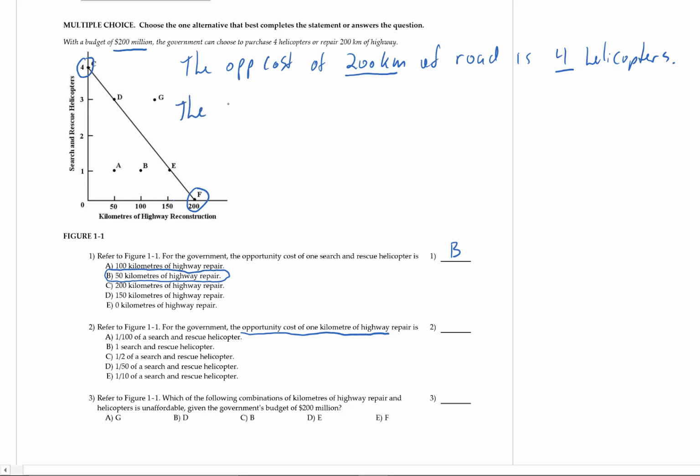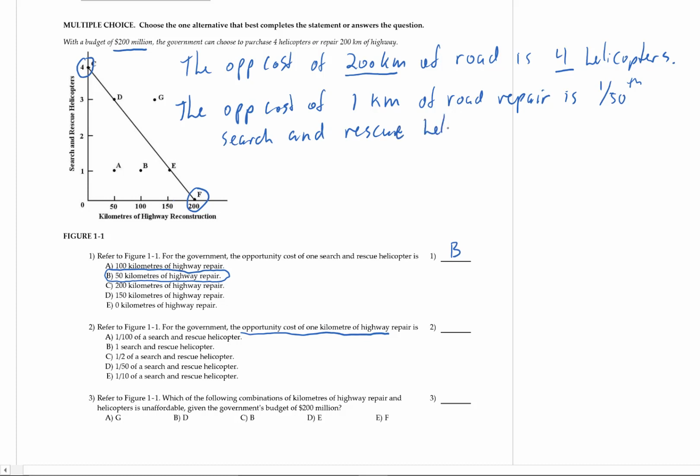So if we divide both those numbers by 200, we're left with the opportunity cost of 1 kilometer of road repair is 1/50th, because 4 divided by 200 is 1/50th, search and rescue helicopters. So looking at the choices that were given for the multiple choice, we see that choice D is 1/50. So we know that's correct.